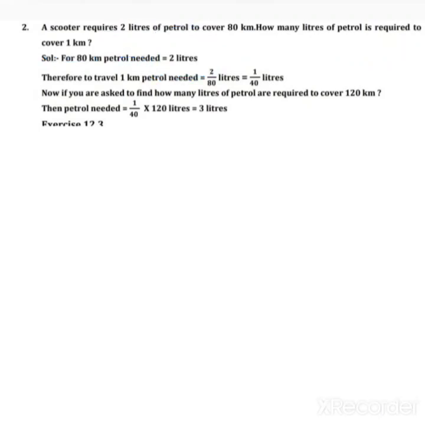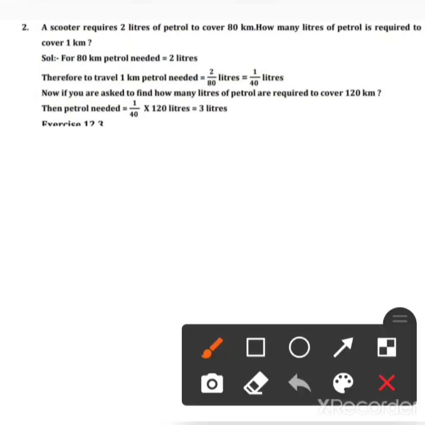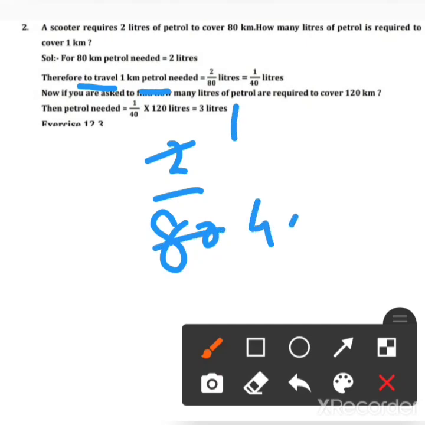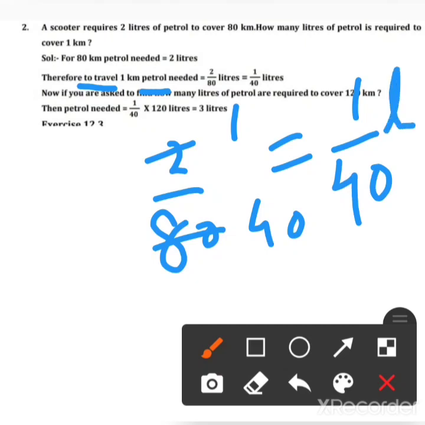For 80 kilometers the petrol needed is equal to 2 liters. Therefore, to travel 1 kilometer the petrol we need is 2 over 80. That is 2 ones are 2 and 2 forties are 80, which is 1 over 40 liter.